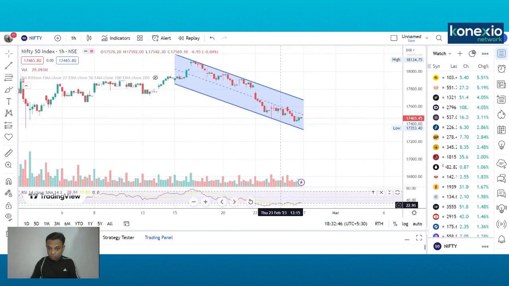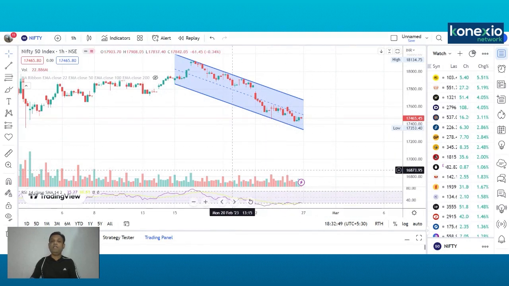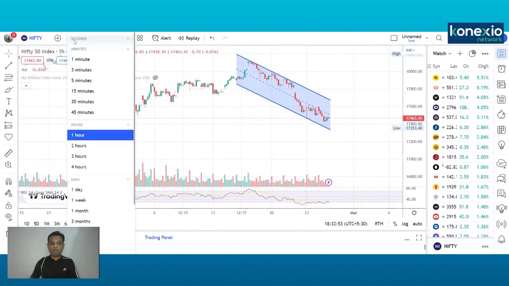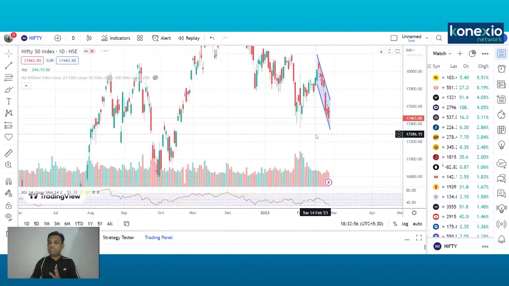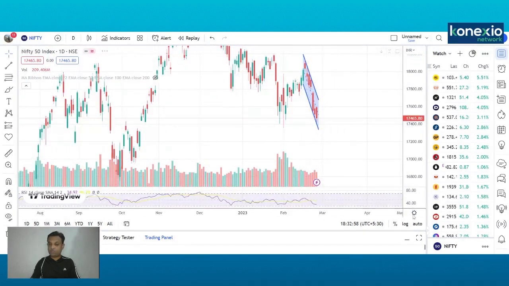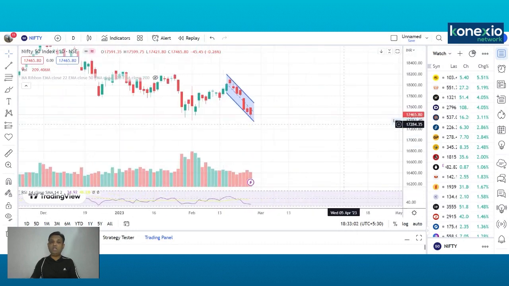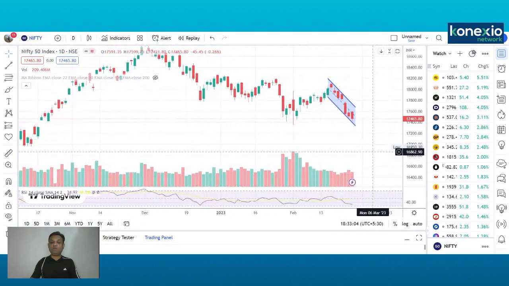You can see RSI is moving slightly higher and prices are going lower. This is a classical example of a positive divergence. So looking at this pattern, one should be cautious. One should not go fresh short at these levels. Those who are short should try to book profits if there is a negative opening on Monday.